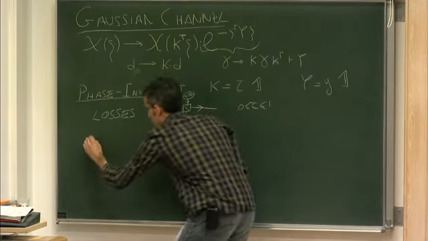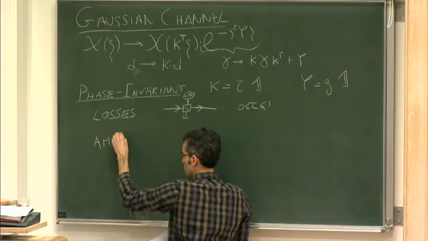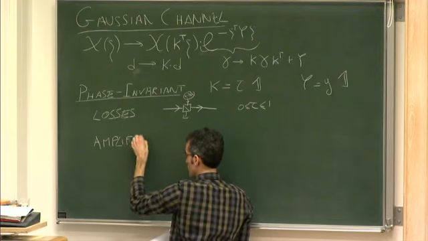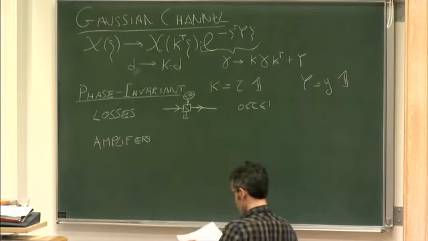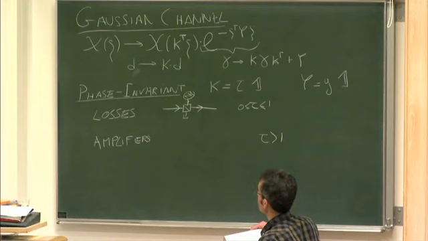Then you have the amplifier, which are those with a parameter tau larger than 1.